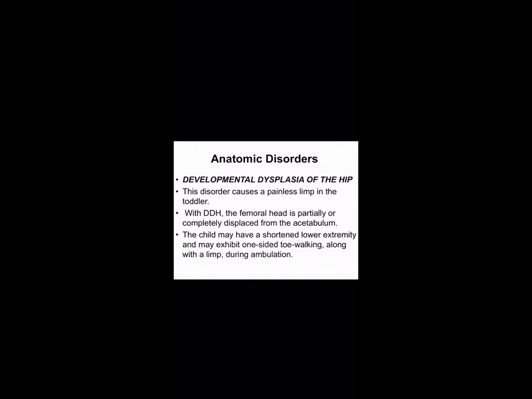The third category is the anatomical disorders, which cause the limp. Of course, the most common in our country is DDH, either dysplasia or dislocation, and it will cause a painless limp. DDH, as we said, is either dysplastic with subluxation or completely dislocated.